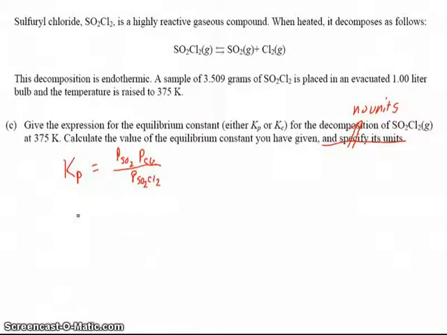And so then calculating the value of that would just say that we have 0.63 for the pressure of SO2, 0.63 for the pressure of Cl2, and 0.17 for the pressure of the sulfuryl chloride, and all that together yields me a Kp of about 2.64. And again, no units. We don't use units on K values.